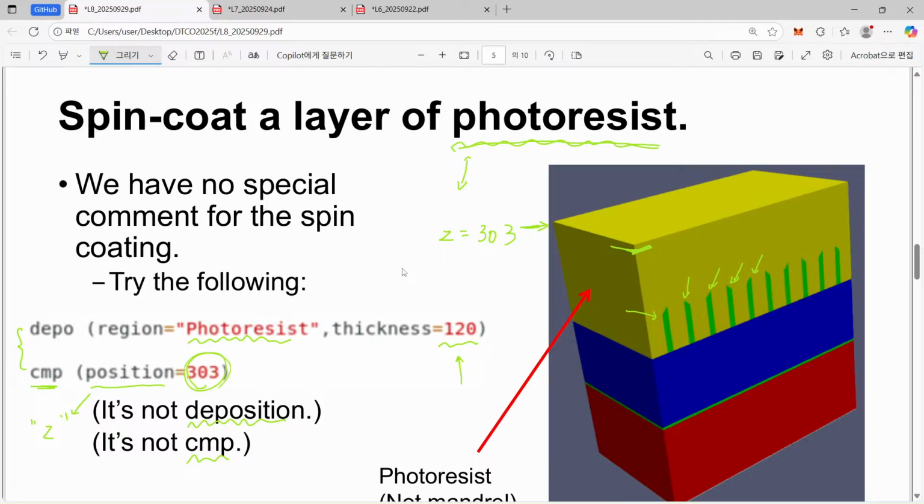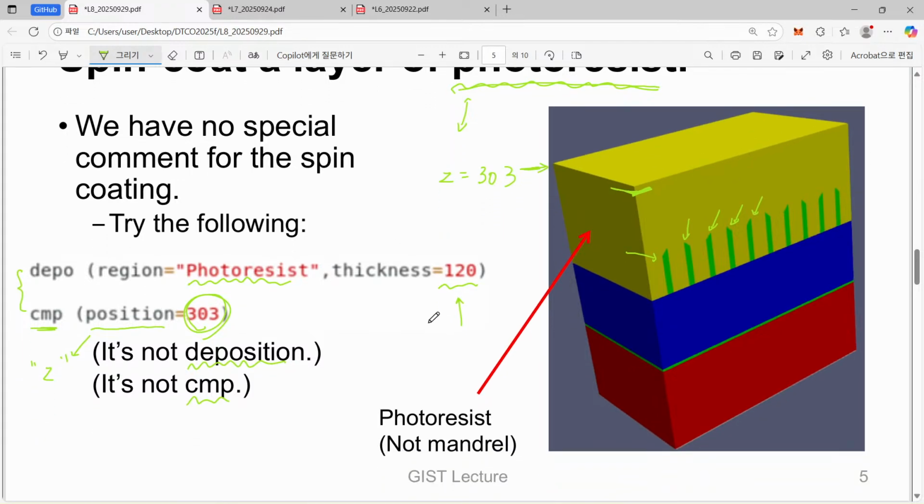Okay, then one question is, how can we select this number? This number, 303, seems to be too arbitrary. What does it mean? So my calculation was like this. Including this silicon substrate, it was 100, and pad oxide thickness was set to 3, and if you remember correctly, the thickness of our hard mask was 80 nanometer. I think that 80 nanometer hard mask is a little bit thick in our case, but anyway, we started from 80 just to keep it.